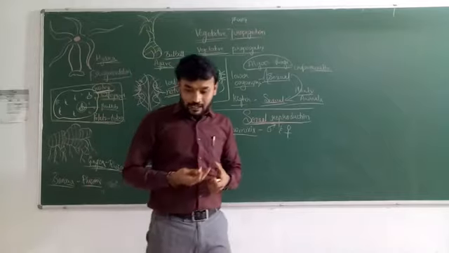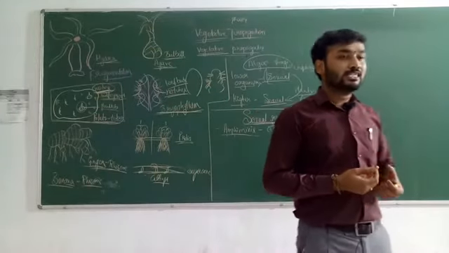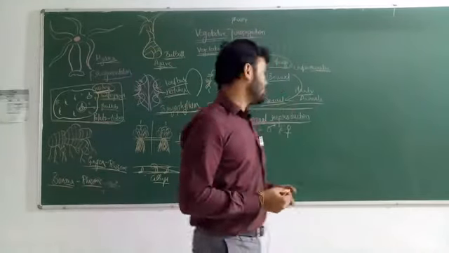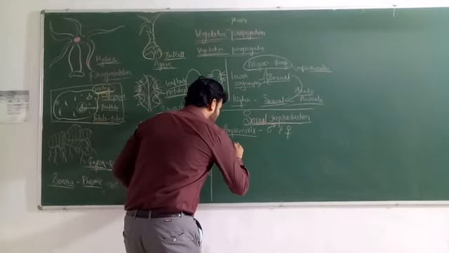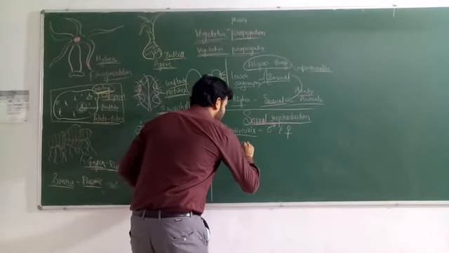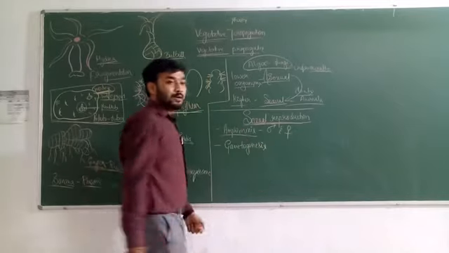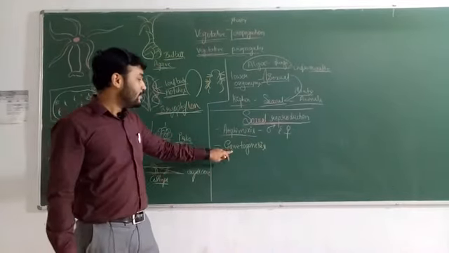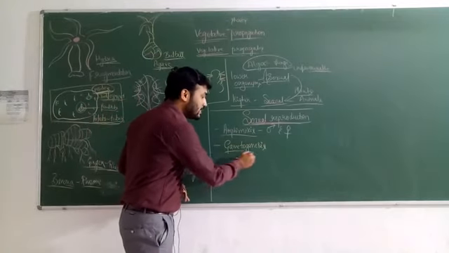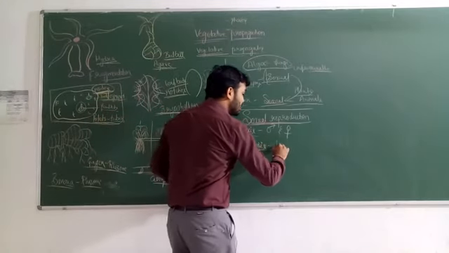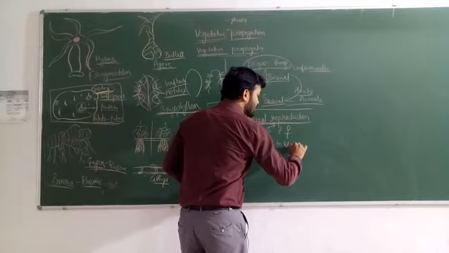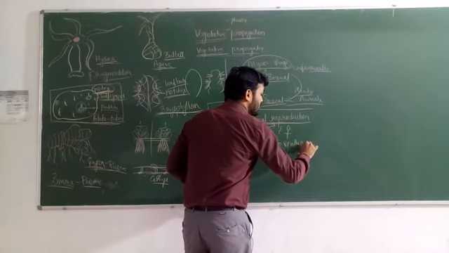For our convenience, we are dealing with sexual reproduction as involving 4 steps. What are those? First is gamete formation, that is gametogenesis. What is this gametogenesis? Gameto means gametes, genesis means synthesis. So the gamete synthesis process is called gametogenesis.